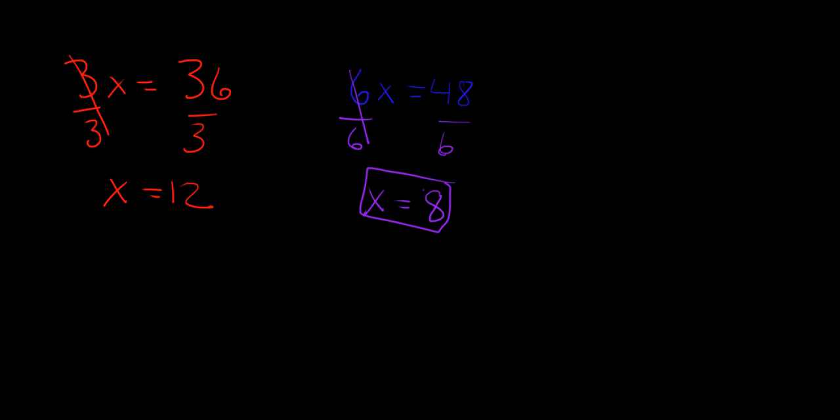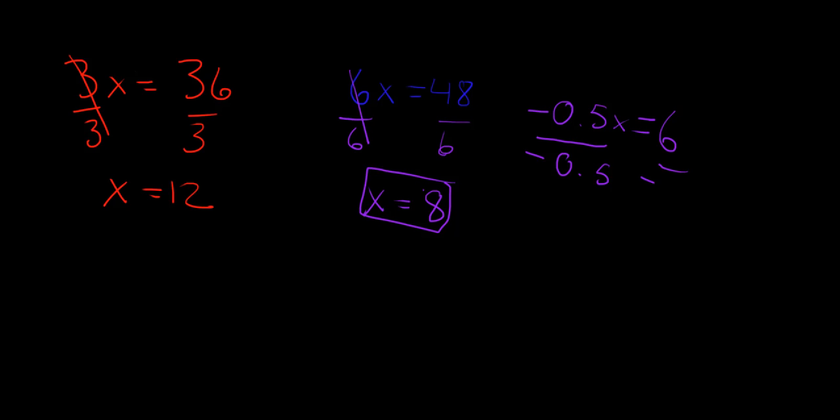All right. Let's try one with a negative. So negative 0.5x is going to be equal to 6. So same thing. I want to go ahead and get the x all by itself. So I'm going to go ahead and divide by negative 0.5. The reason why I'm dividing by negative is because I have negative 0.5 over here.